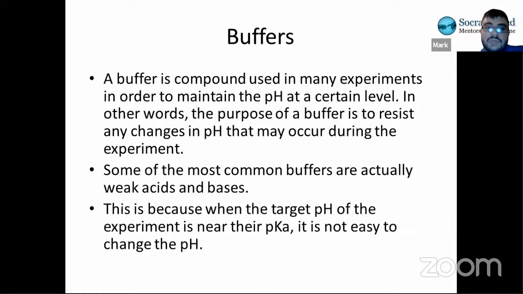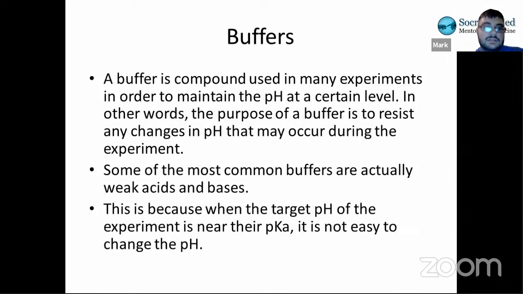However, in biology, since we're trying to study biology, the closest way to do so in a test tube is to make sure that the pH doesn't change, because our body also has natural buffers, and in our body, the pH is very well controlled. It never really fluctuates.